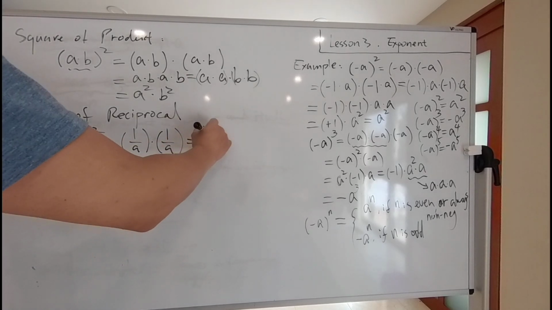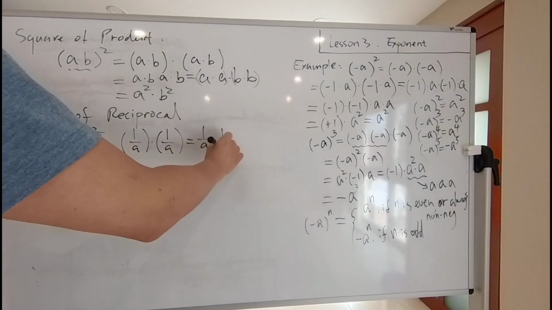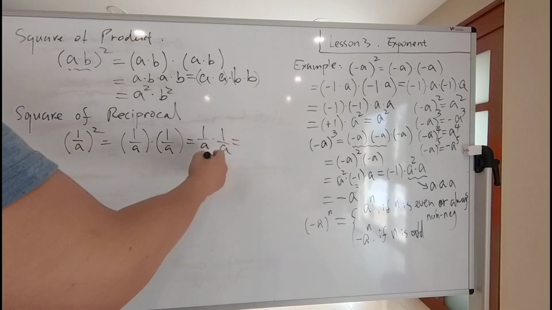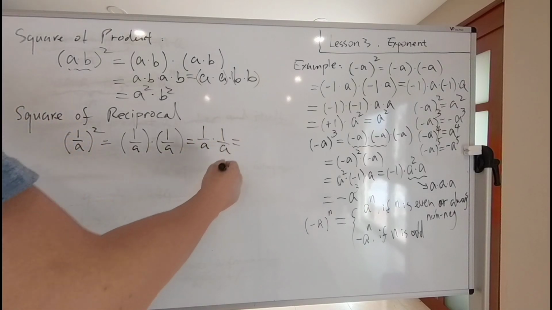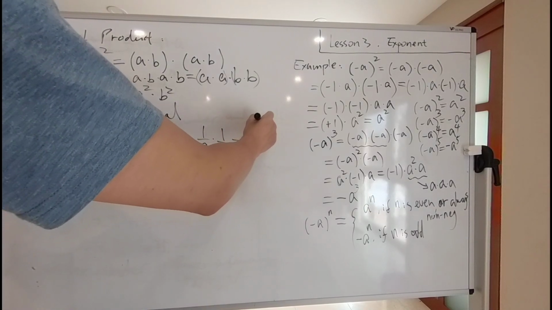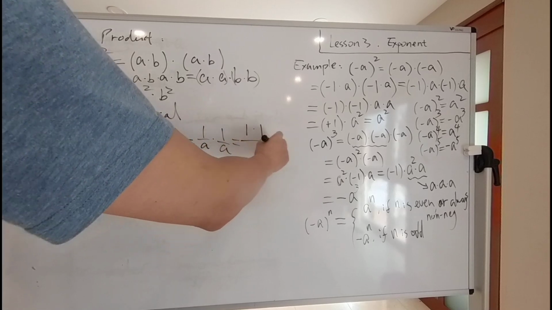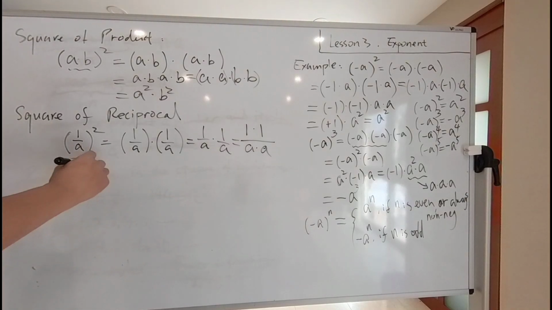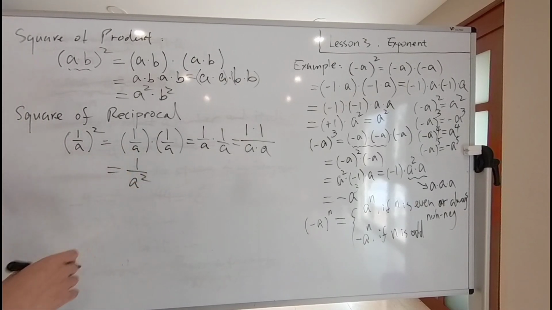Like you may already know something about fractions, but it's okay if you don't know yet. Basically by the fraction multiplication, it equals 1 times 1 on the numerator, and then a times a on the denominator. So eventually it's going to be 1 over a squared. So basically 1 over a taking the square equals 1 over a squared.